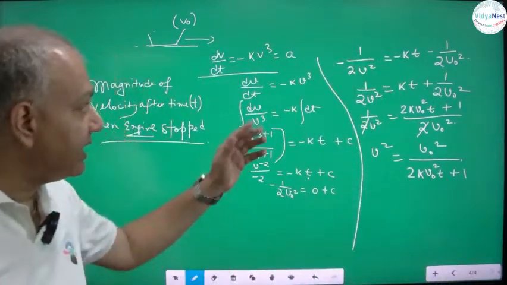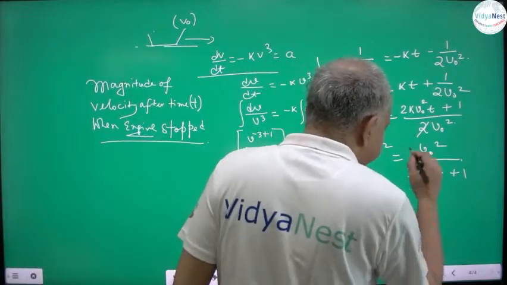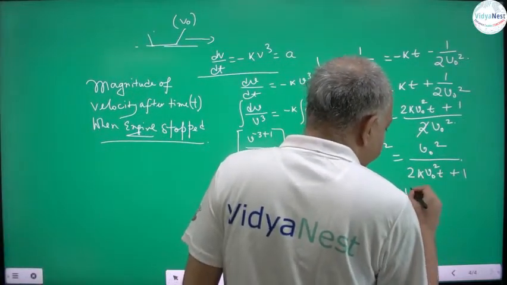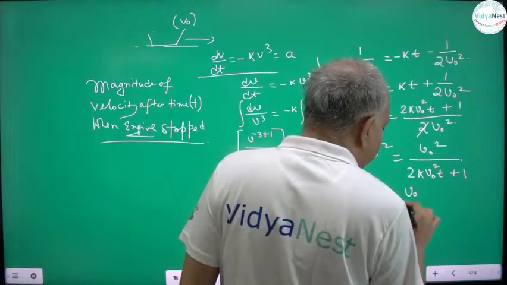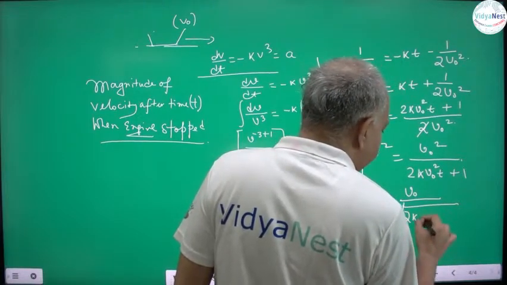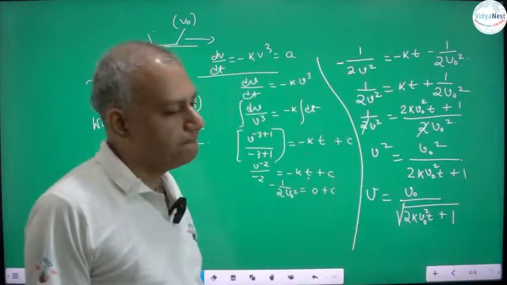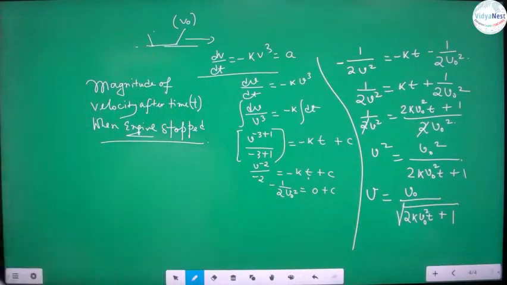After time t, when the engine stops, the expression of the velocity, if I take the root, v naught square becomes v naught, and this becomes root of 2k v naught square t plus 1. So the final expression of the velocity after time t is v naught divided by root over of 2 v naught square kt plus 1.